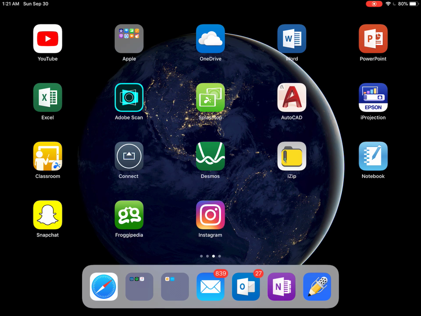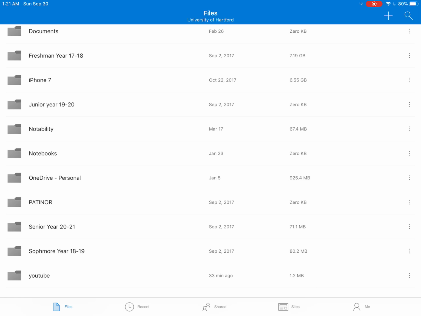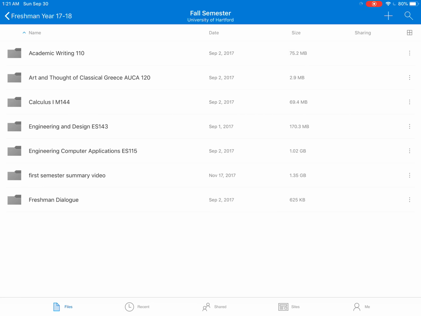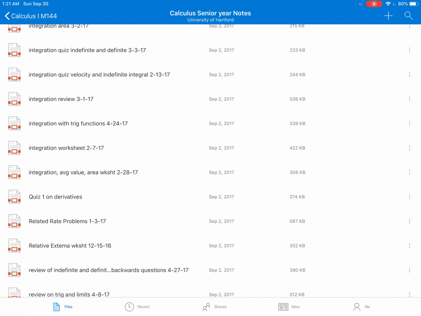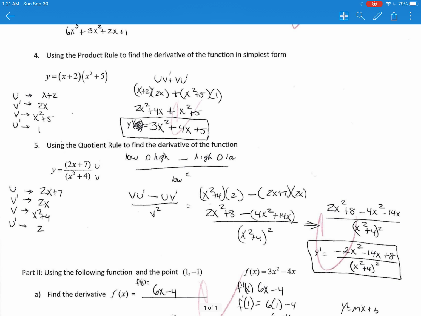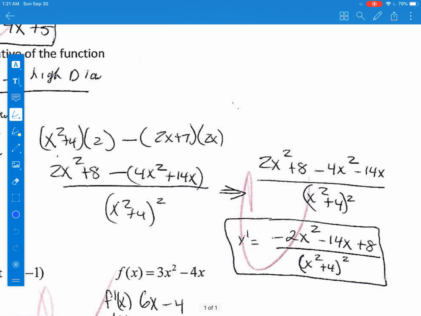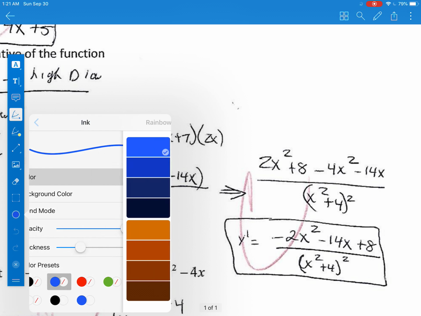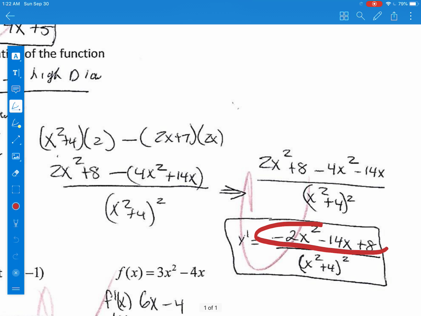I actually have this file on my iPad from my exam. So let's see. Fall semester. Here it is. Okay, so in this case, the numerator we got was pretty much right, but on my exam, I left the denominator original.